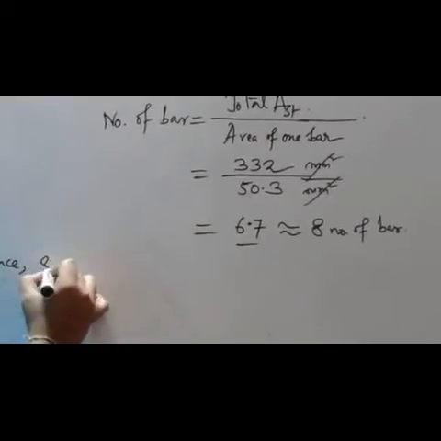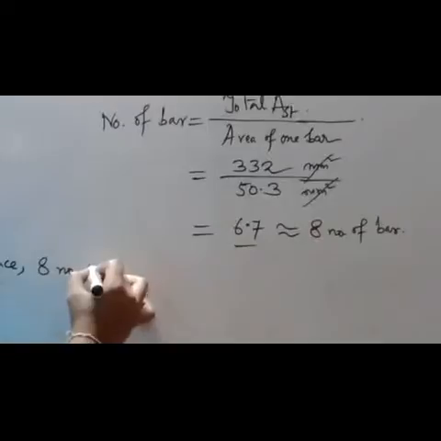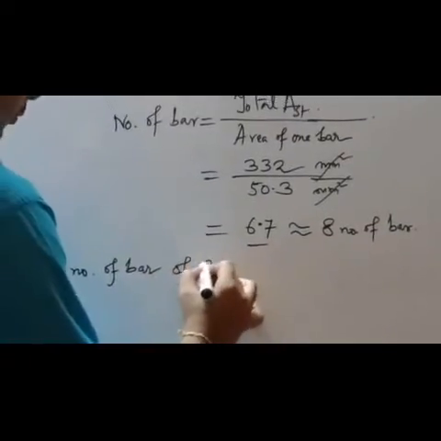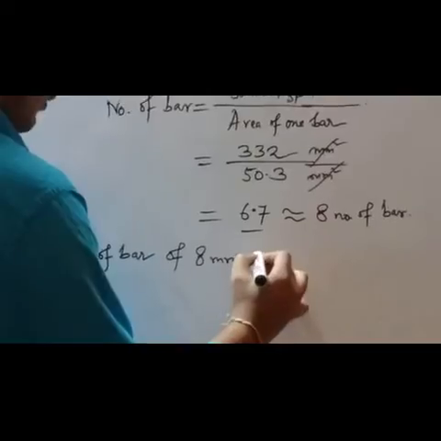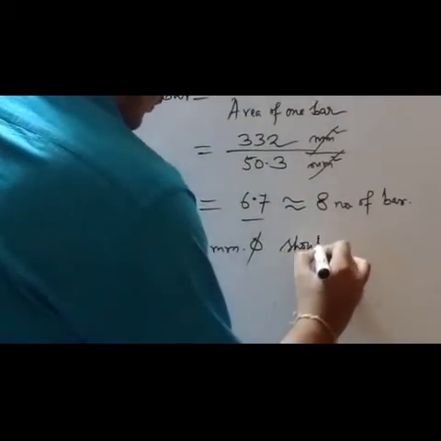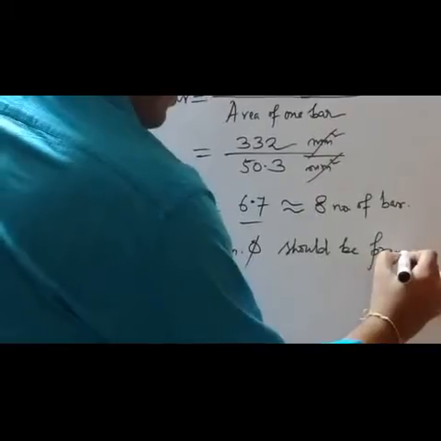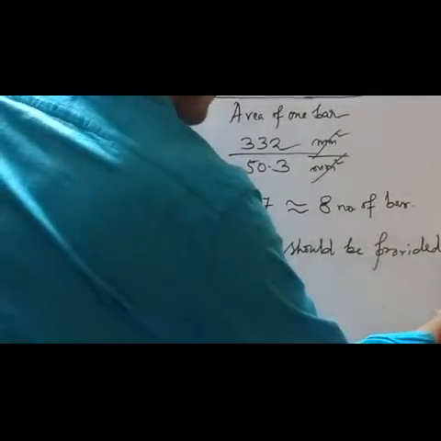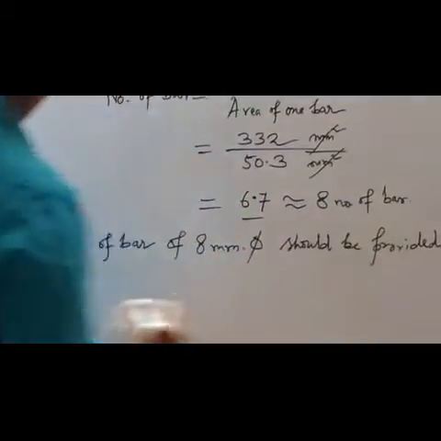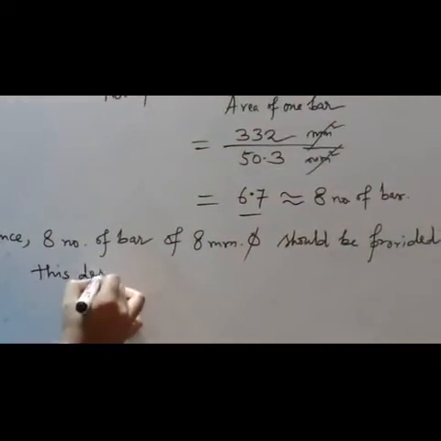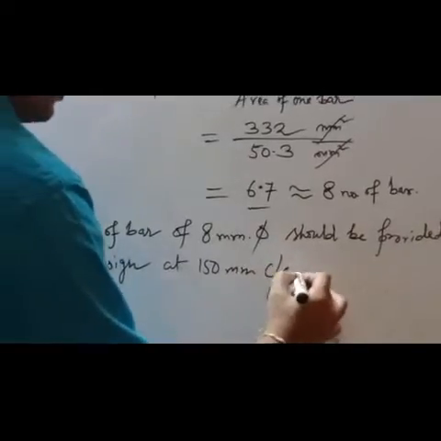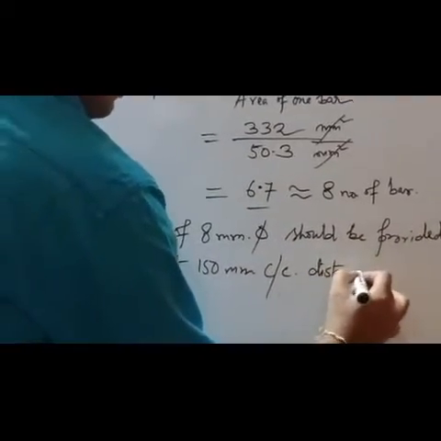So we can write this statement: hence 8 number of bars of 8 millimeter dia should be provided in this design at 150 millimeter center to center distance.